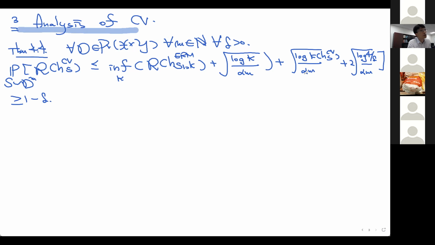Previously our bounds got tighter as the number of samples increased, but the number of samples that really helps to improve the bounds is alpha m, which is the size of the validation set.